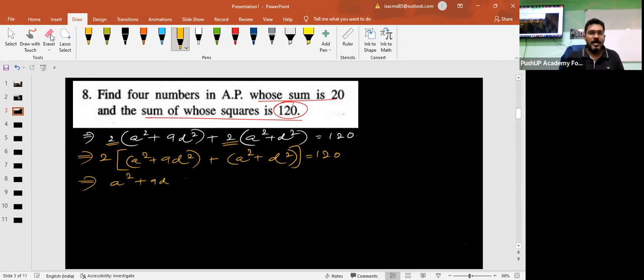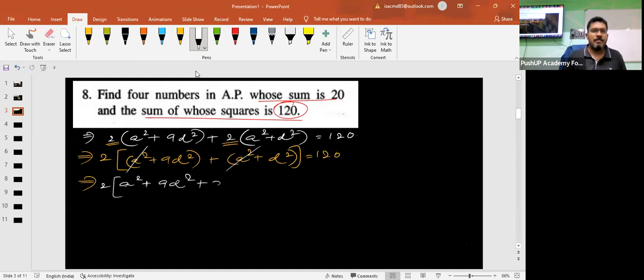Okay, before that, let me ask you something. Can't I add this a square and a square? Okay, for your comfort, I'll just open all these brackets. It becomes a square plus 9d square plus a square plus d square is equal to 120.